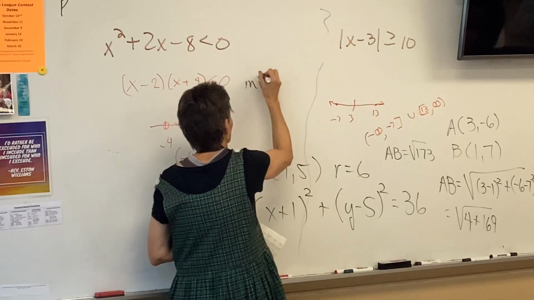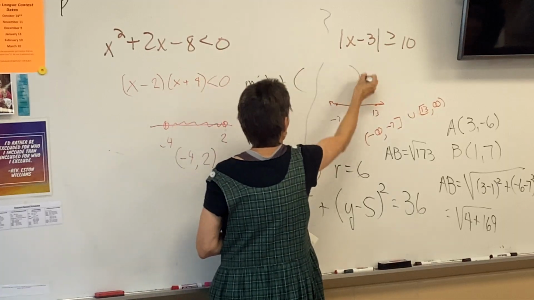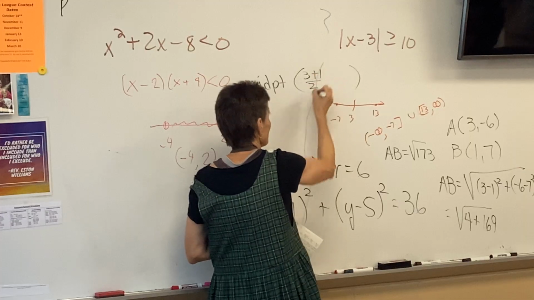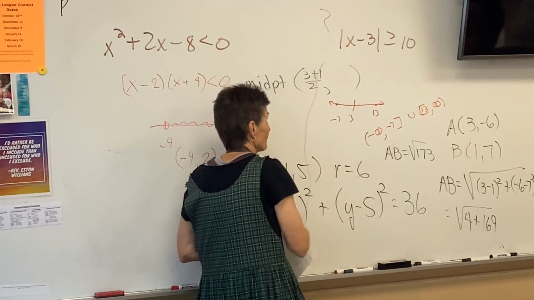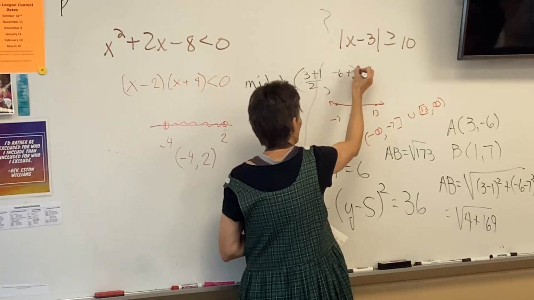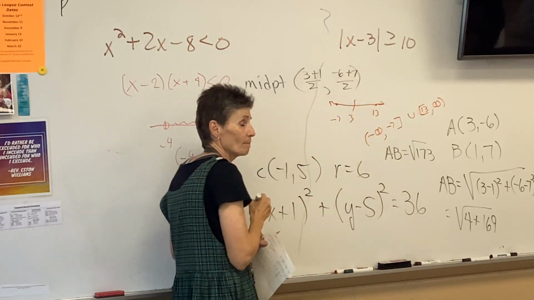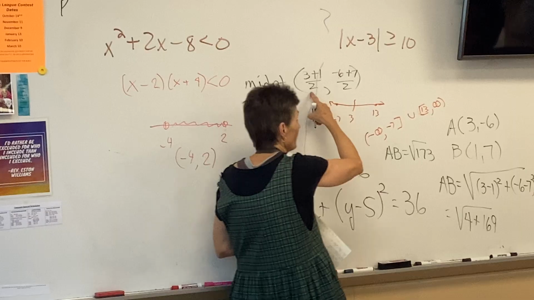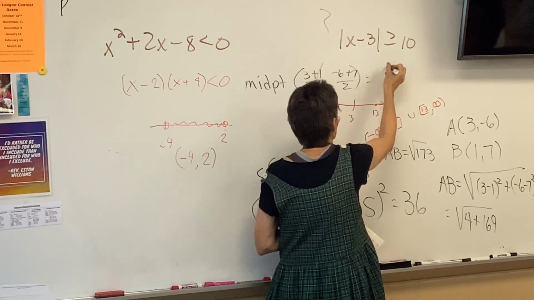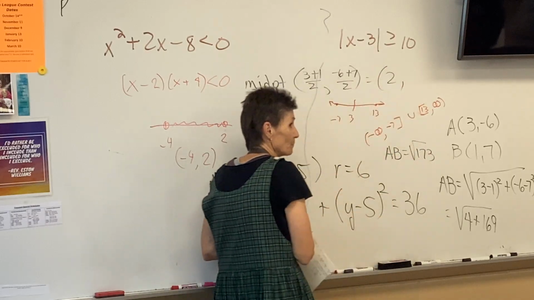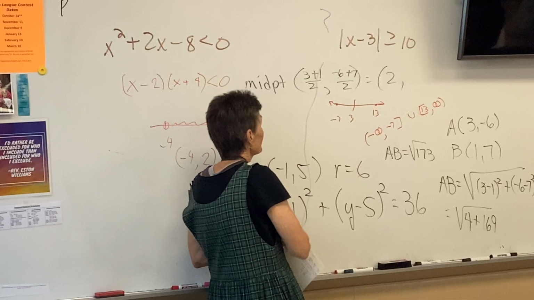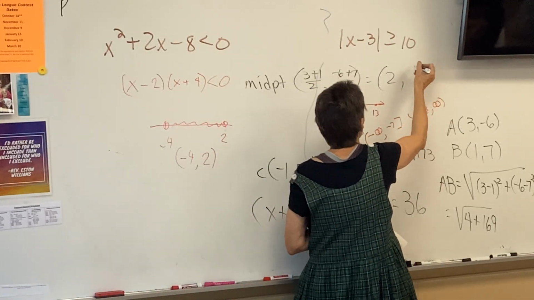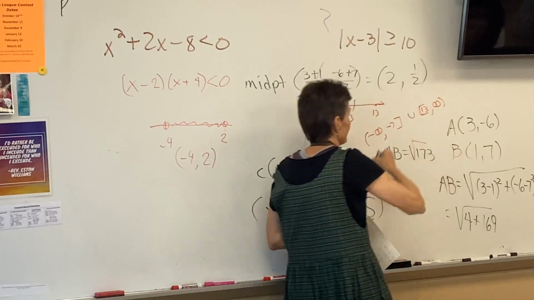Midpoint. 3 plus 1 divided by 2. -6 plus 7 divided by 2. 3 plus 1 divided by 2 is 2. -6 plus 7 is 1, so positive 1/2, yeah.